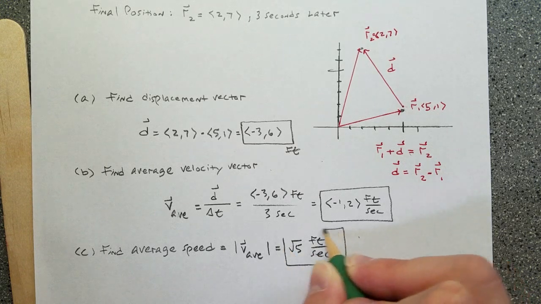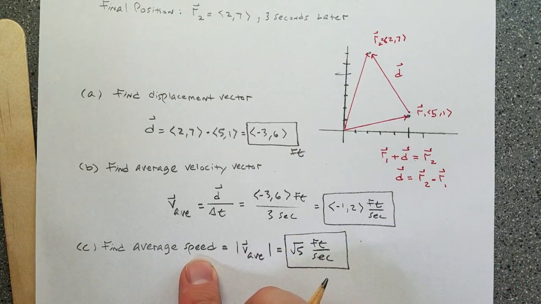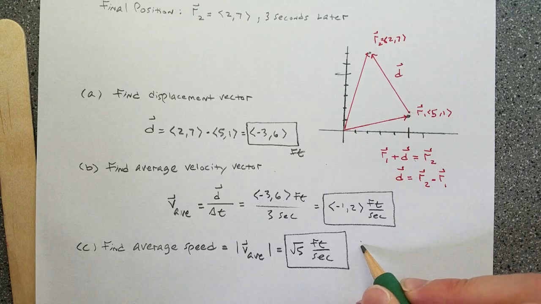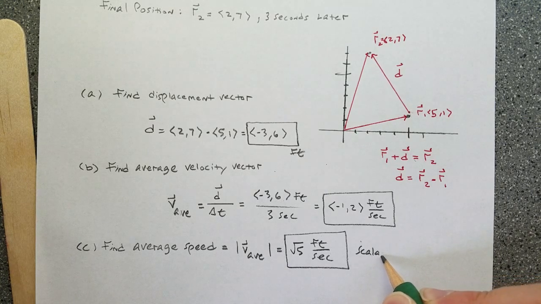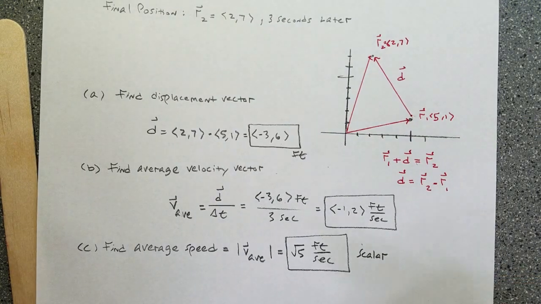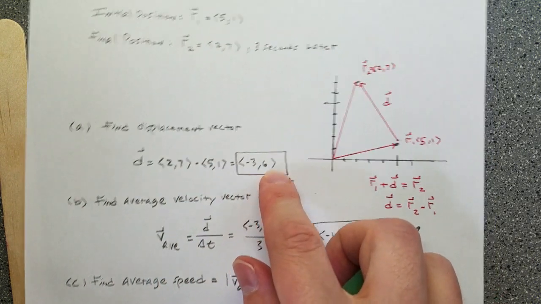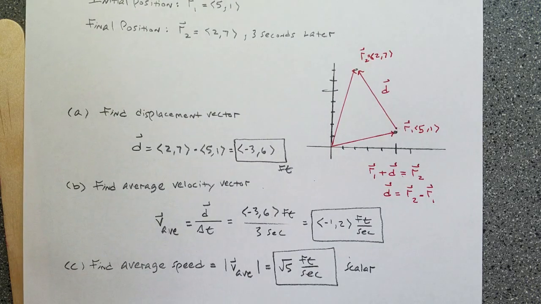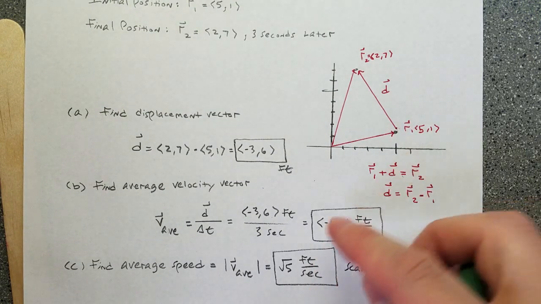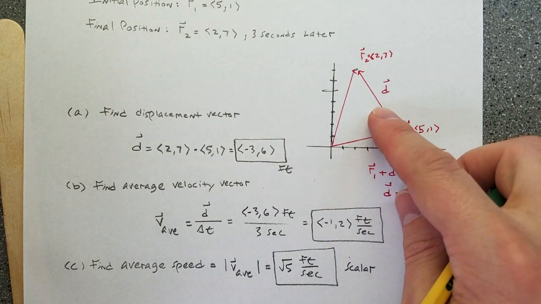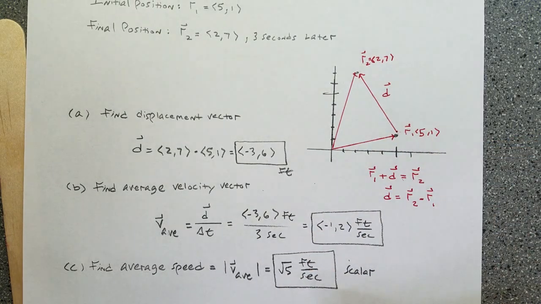Now that's not a vector. The speed, being the magnitude of velocity, is a scalar. The velocity is a vector. Displacement is a vector. Position is a vector. But the speed, we're moving left 1, up 2 at an average speed of, like, 2 point something feet per second. So that's what that all tells us.